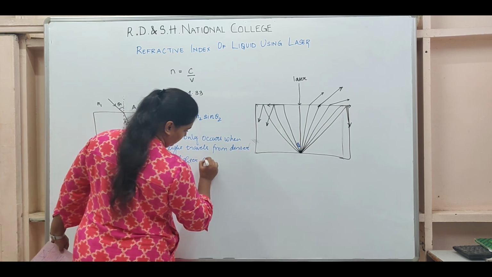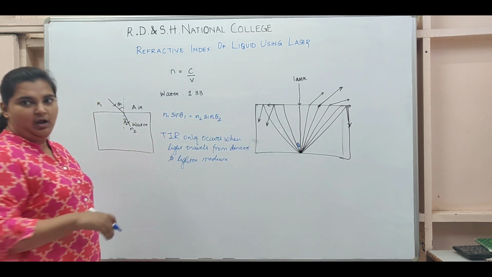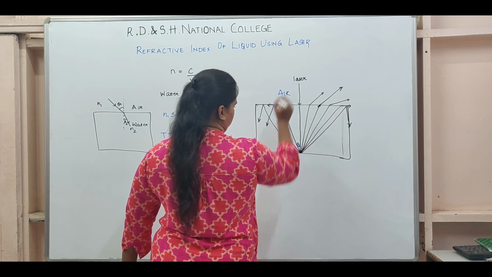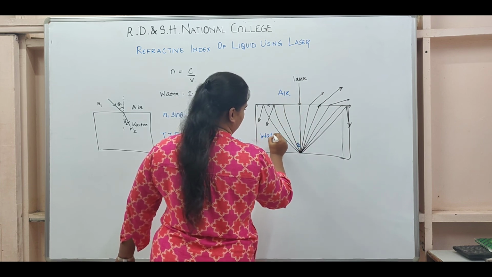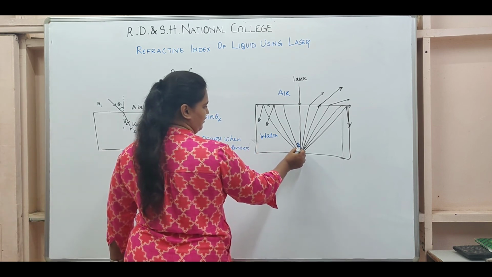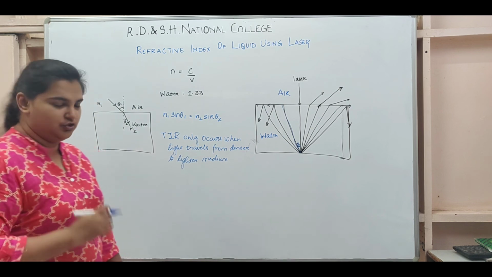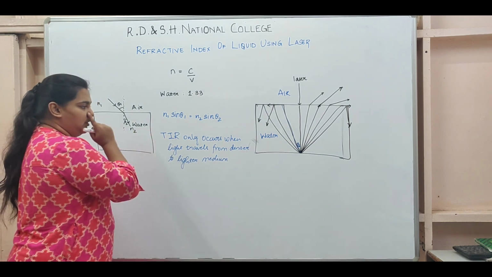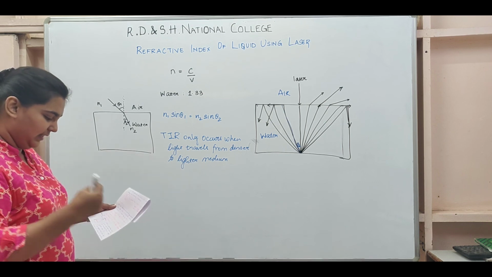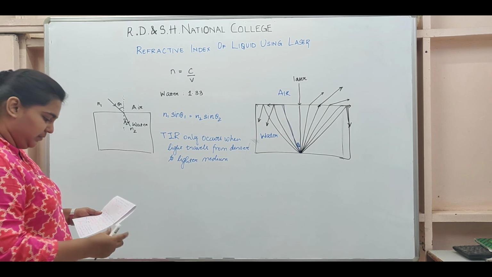Over here, water is dense as compared to air, so here is air and this is water. Only when we are traveling from water to air, in this direction, do we get total internal reflection. So total internal reflection only occurs when light travels from a denser to a lighter or rarer medium. I hope this concept is clear.